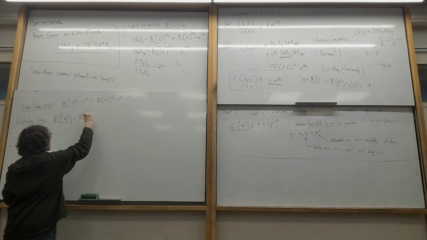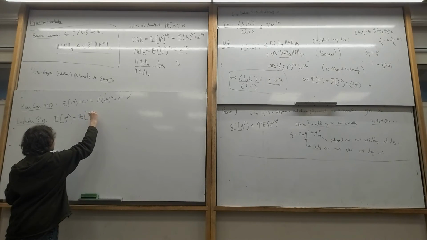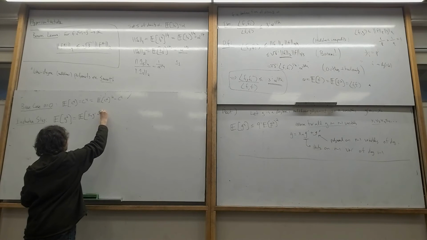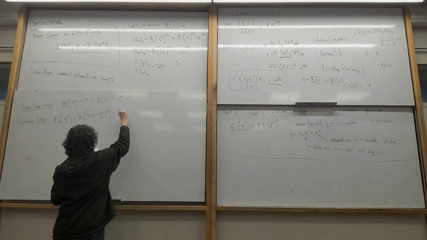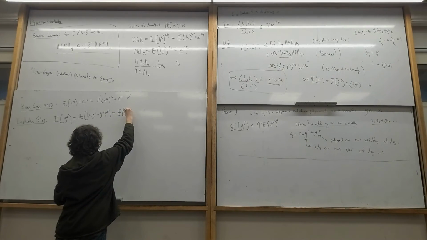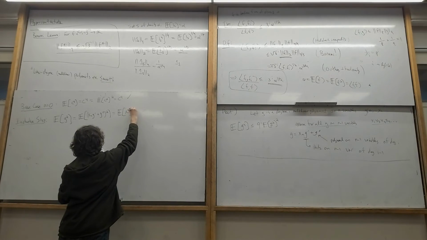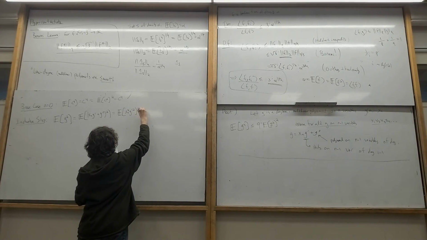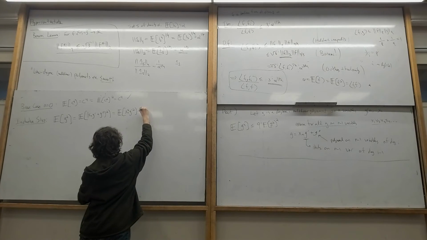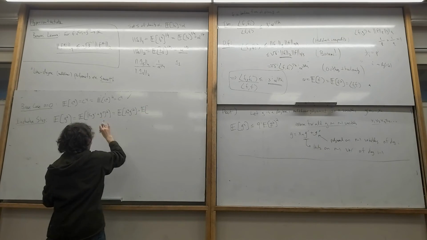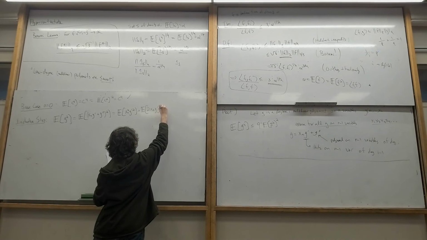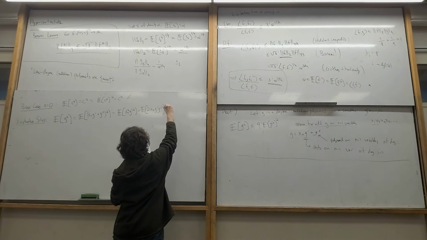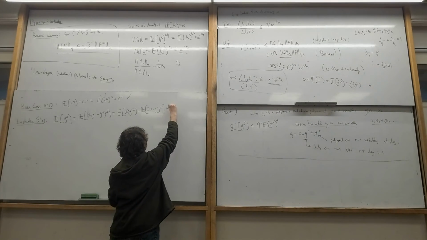So expectation of xn g prime plus g prime prime squared. This is equal to expectation of xn squared g prime squared plus 2 of the cross terms plus just this final term squared.